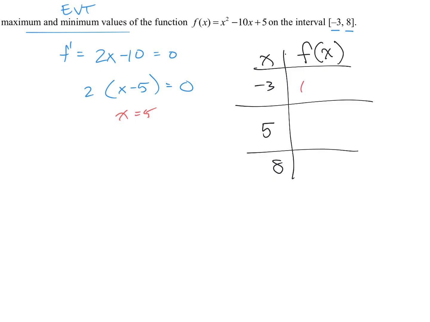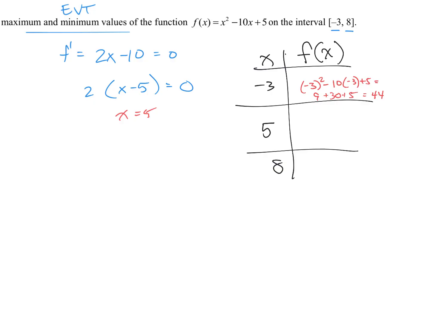This is negative 3 squared minus 10 times negative 3 plus 5. It's 9 plus 30 plus 5. 35 plus 9 is 44. So I've now put a 44 for negative 3.